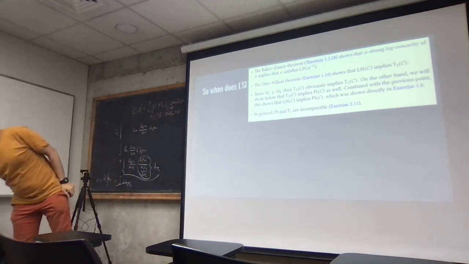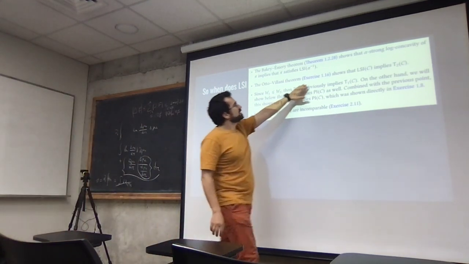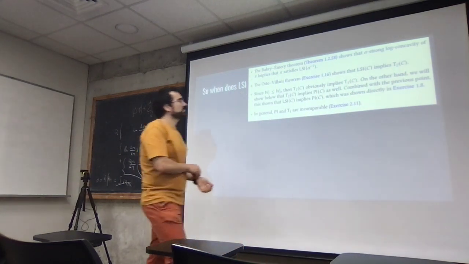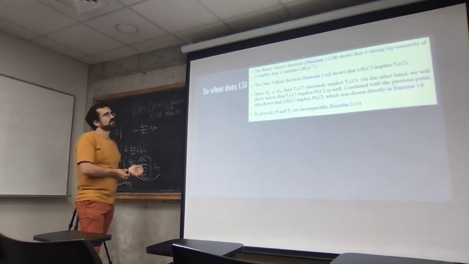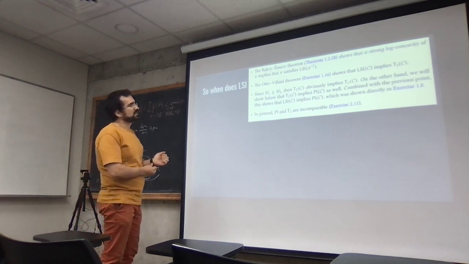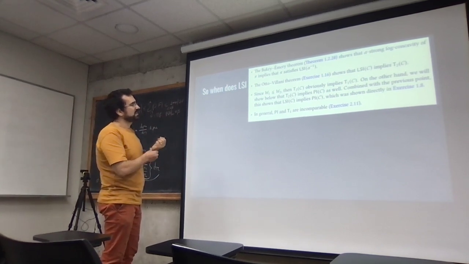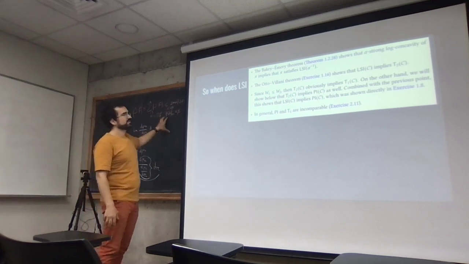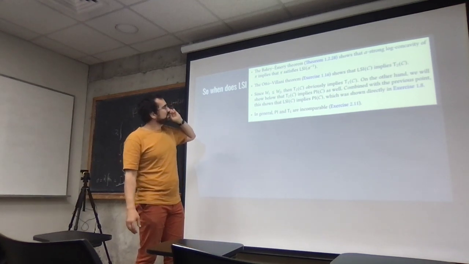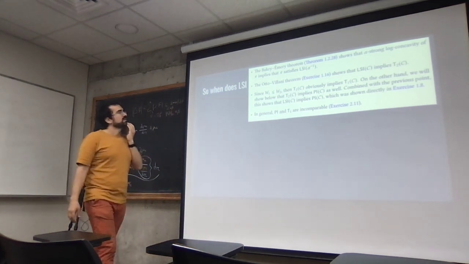There are some conditions, and LSI is weaker than conditions on some kind of convexity condition for the generator of the semigroup of Langevin evolution in Wasserstein space. So in Wasserstein 1 distance, in Wasserstein 2 distance, and then there is the usual Poincaré inequality that is incomparable.